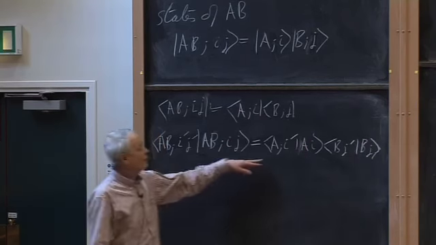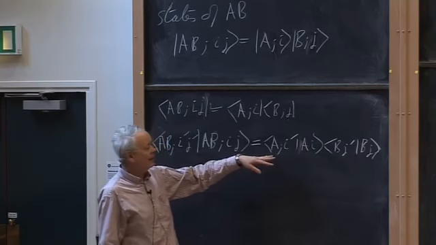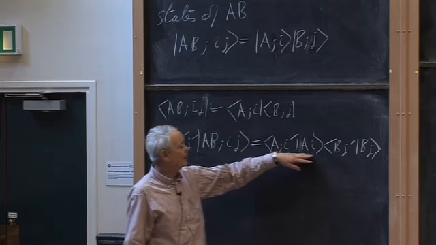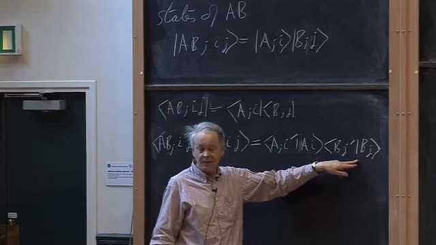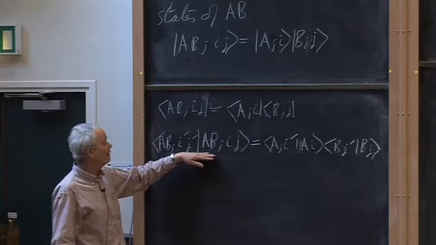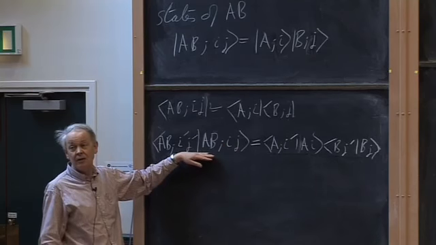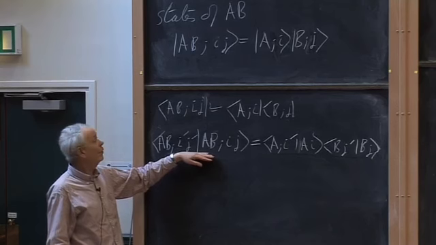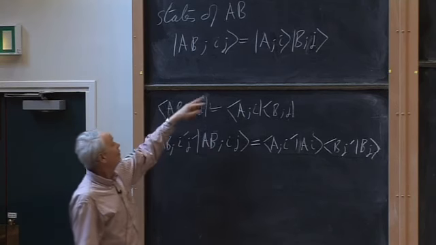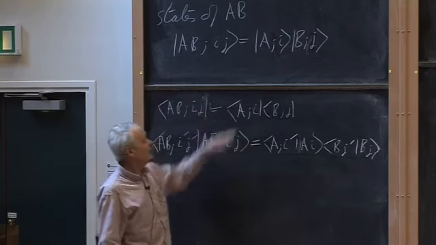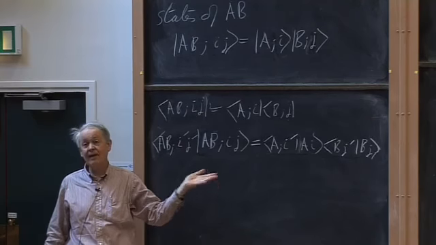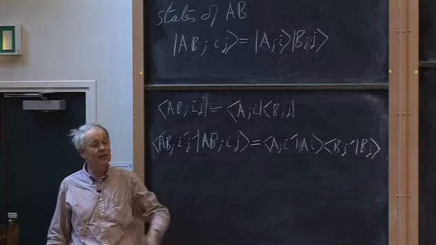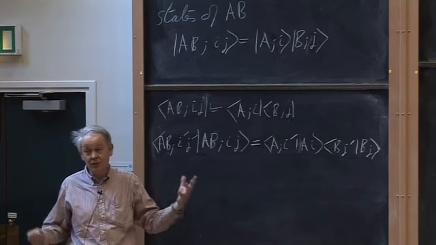So what I've written on the right is completely well defined, because this is a complex number and this is a complex number, and we can multiply complex numbers, and we get a complex number which gives meaning to this on the left. That's the essence of giving meaning to this, because all we want with kets is to calculate amplitudes, whose mod squares are the probabilities that give us our predictions.